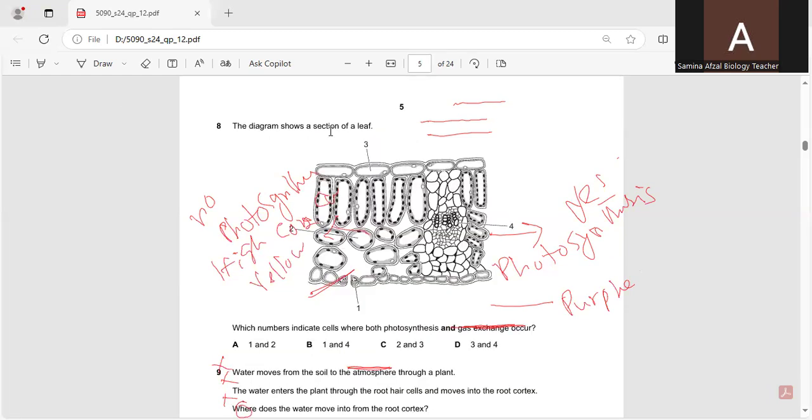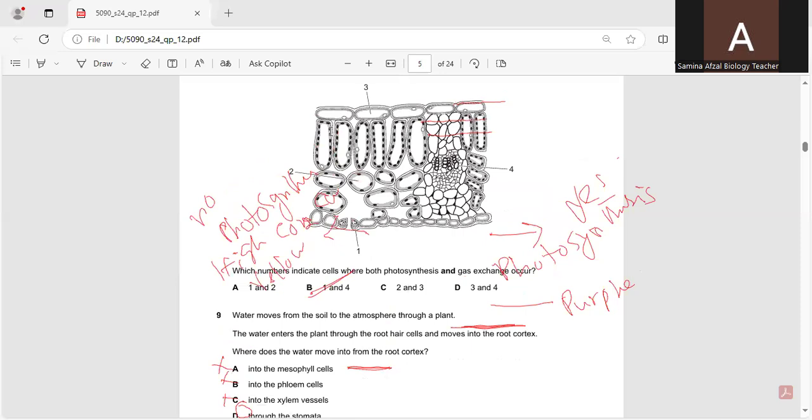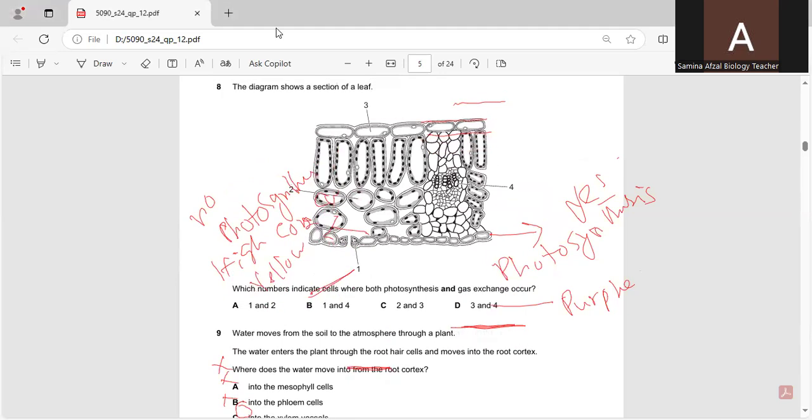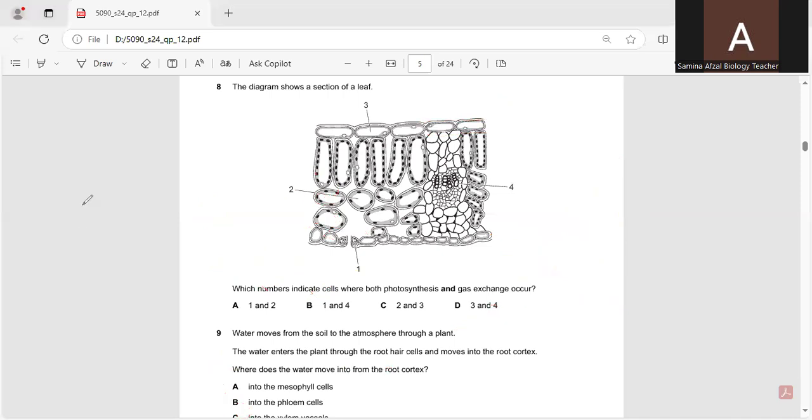Now we are moving towards question number 8. They have shown a diagram, a section of a leaf. They have labeled 4 parts.